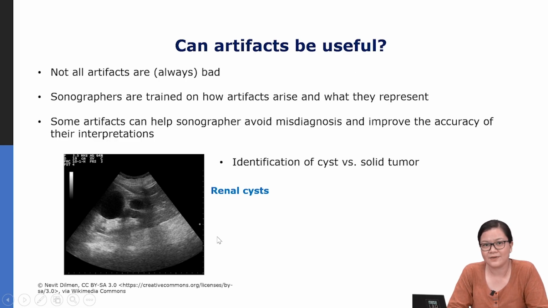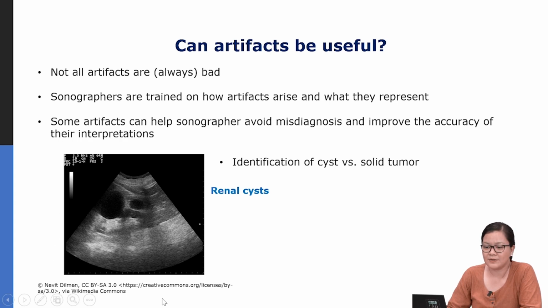But not all artifacts are bad. Some of them are also useful and help with diagnosing the type of disease a person has. Many sonographers are trained in understanding these types of artifacts, which helps them with their clinical diagnosis. An example would be identifying whether there's a cyst or a tumor present.